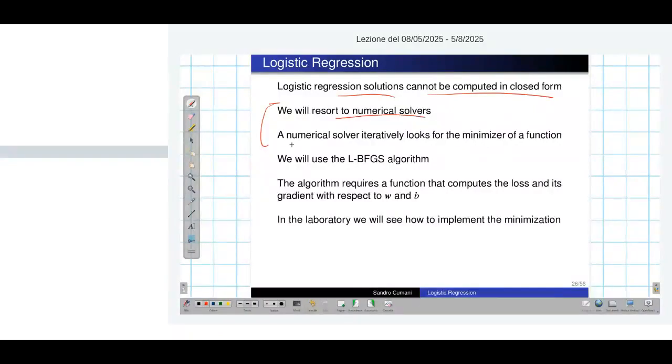Using what? We'll see tomorrow in the laboratory a numerical solver, that is an algorithm that, given the function that we want to optimize, we'll call it repeatedly, in a way that allows us to find the minimum. Imagine that I want to minimize this function. I don't know the minimum, but I have an implementation that given x gives me f of x.